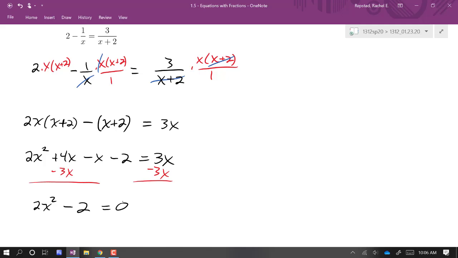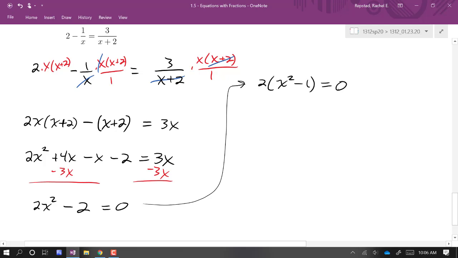Let's factor first, then we'll complete the square. We'll do them both. We could take out a 2, and then we get x squared minus 1. Can we factor that? How does it factor? The trick with factoring is that it's a product set equal to 0.